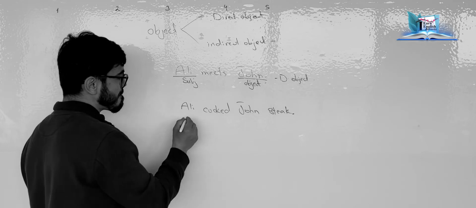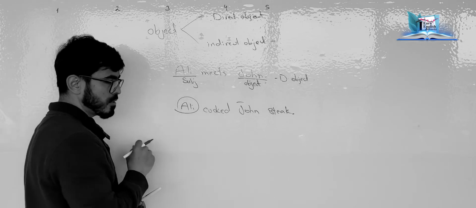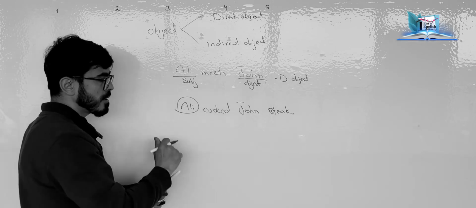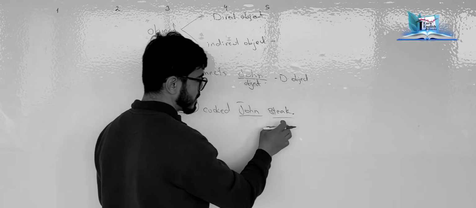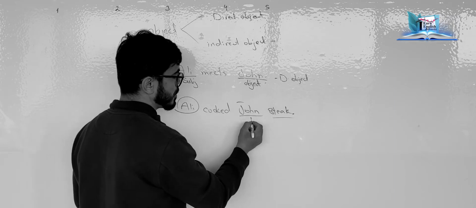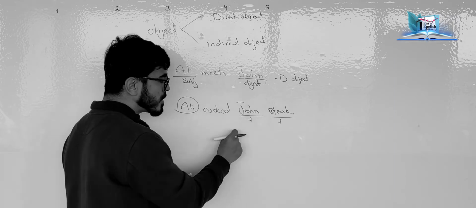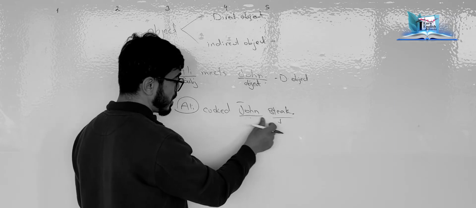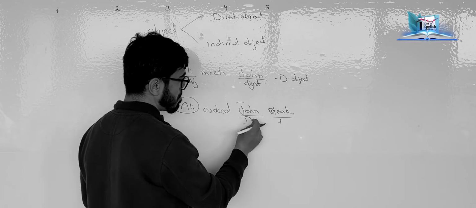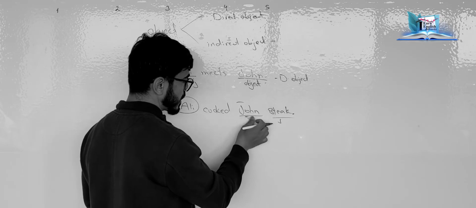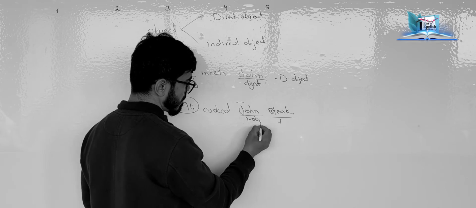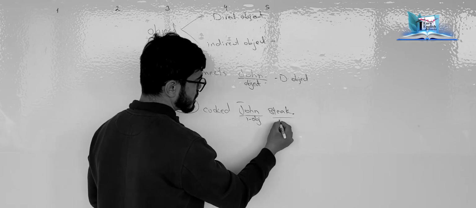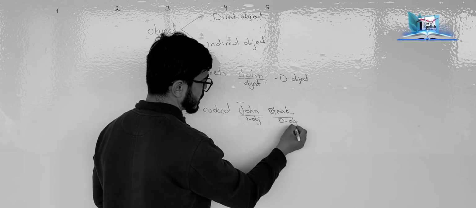That we have the subject here, which does the action, which is cooking, and the next thing is John, and the next thing is steak. So we've got two objects here, the first one, the second one. In this sentence, we have got John is indirect object, okay, and steak is the direct object.